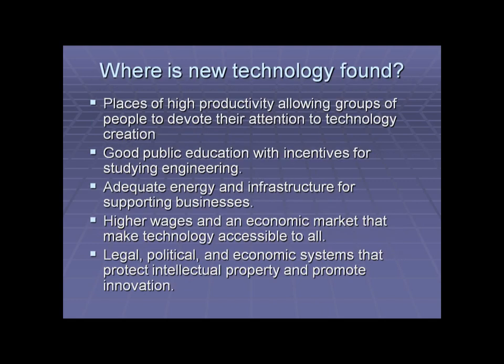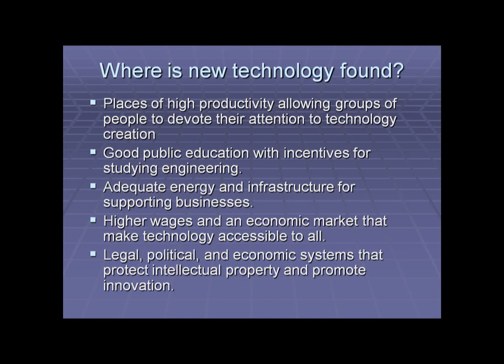Where is new technology found? Places of high productivity, allowing groups of people to devote their attention to technology creation. Good public education with incentives for studying engineering.